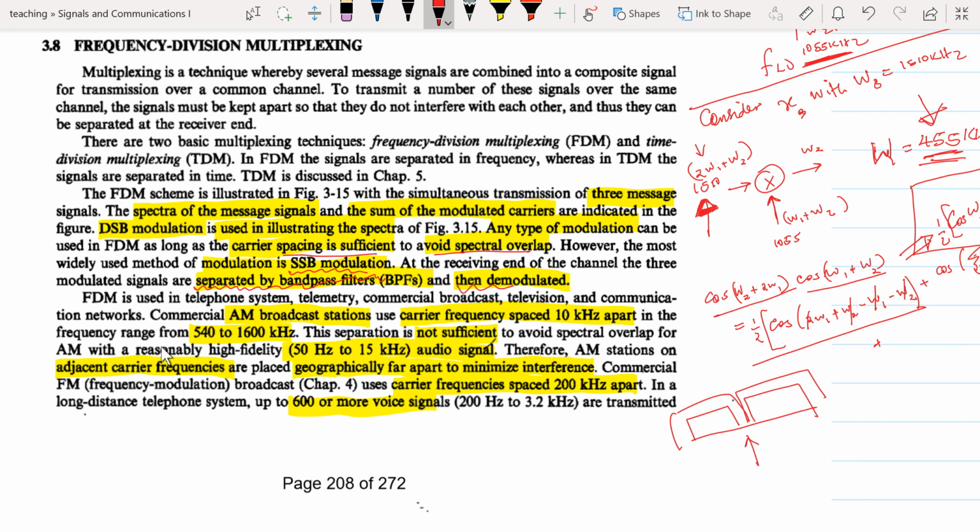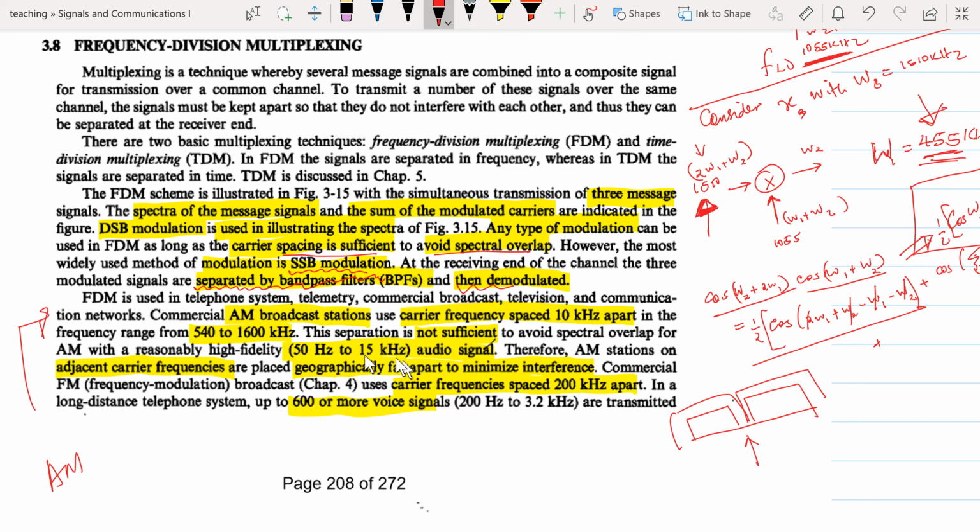FDM is used in telephone systems, telemetry, commercial broadcast, television, and communication networks. Therefore, it is very widely used, and so the usual AM modulation of radio signals and analog television broadcasting all apply the FDM multiplexing technique.